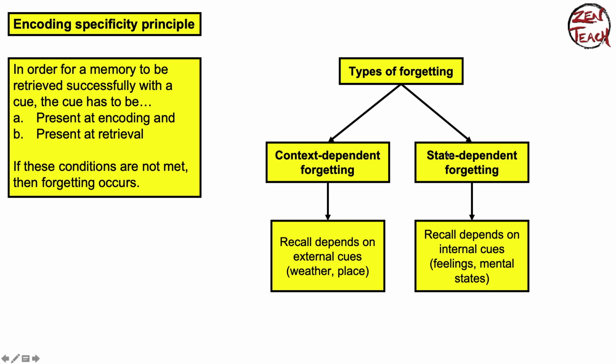State-dependent forgetting doesn't mean state as in a nation, but state as in your internal state, your feelings, your mental state, something emotional or physiological that can help you remember that memory.